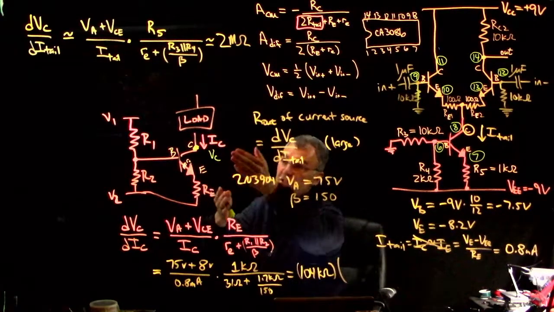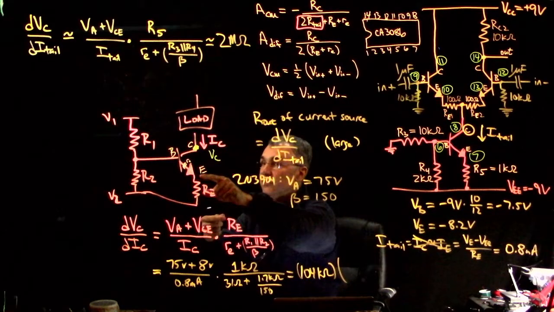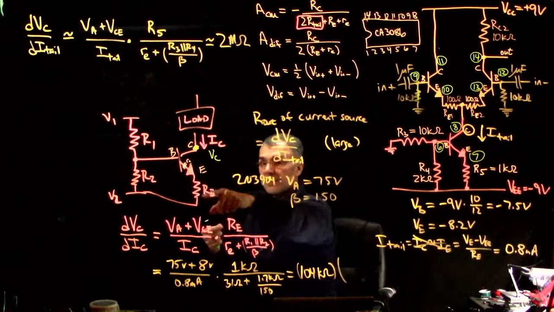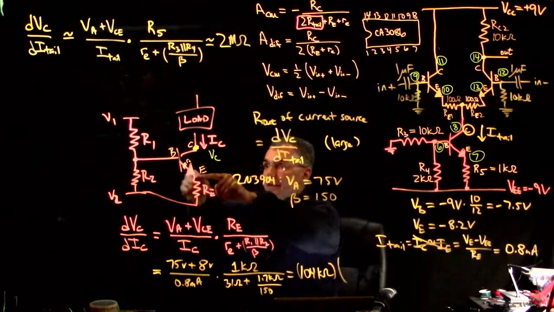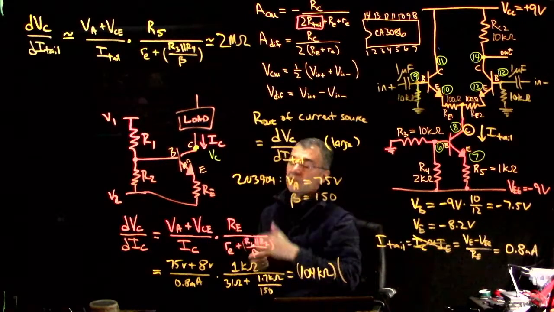Or if the current gets too small, then the emitter voltage goes down, so VBE is bigger, which increases the collector current. So it's a feedback mechanism.